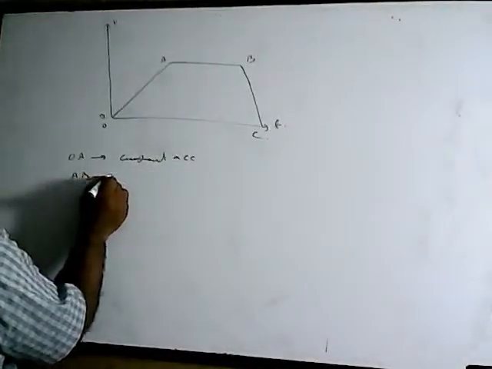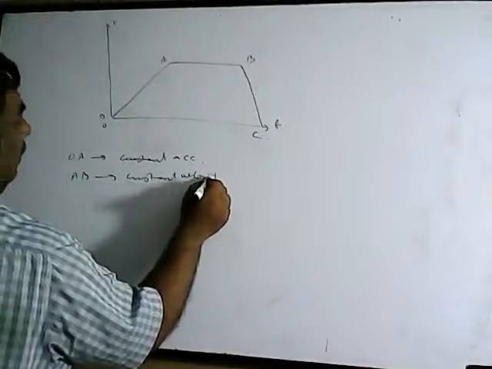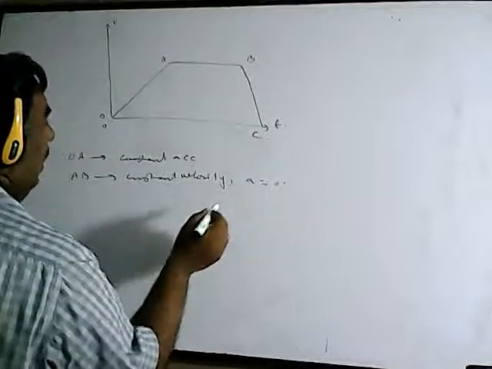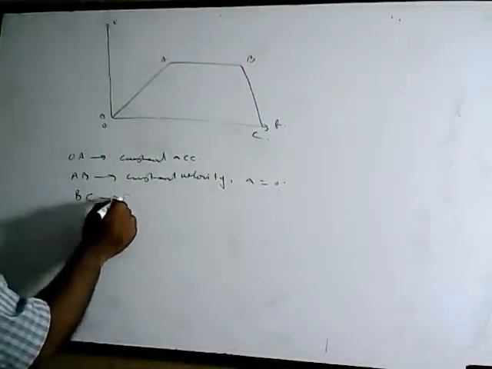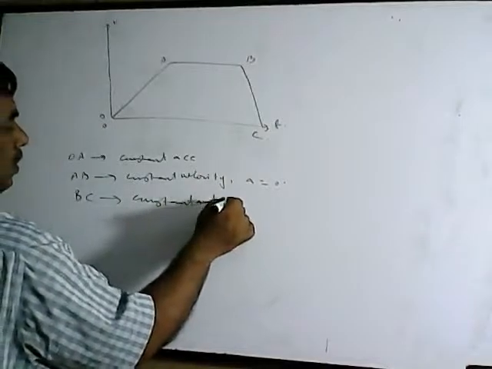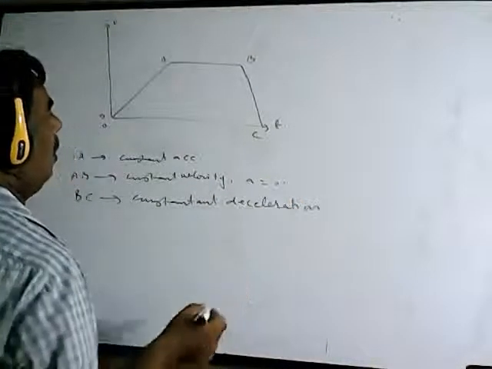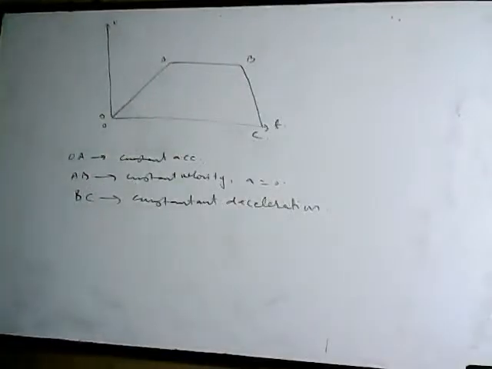AB, constant velocity, and acceleration is 0. And BC, constant deceleration. And the area of this trapezium will just represent the displacement.